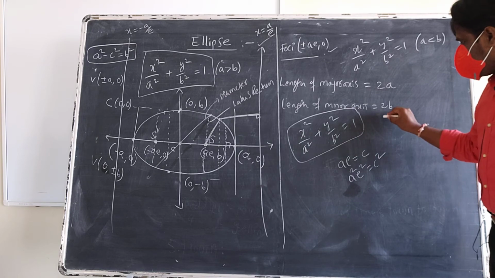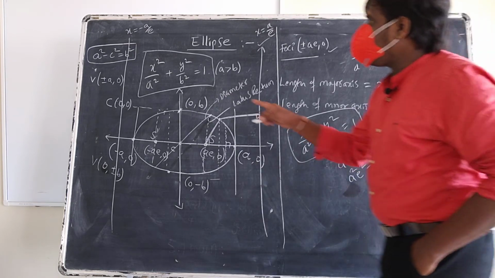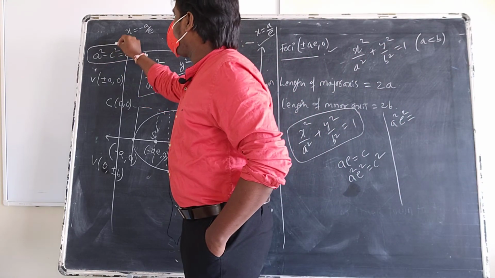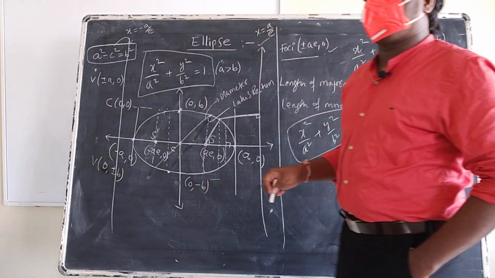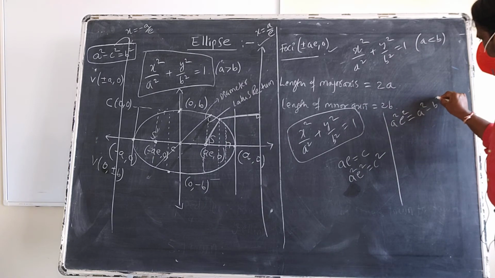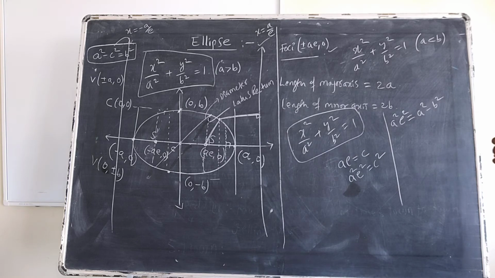If I send c square here and b square here, a square minus b square is equal to c square. So the c square value is nothing but a square minus b square. Correct? Are you getting it or not?